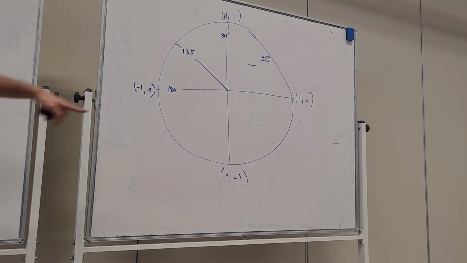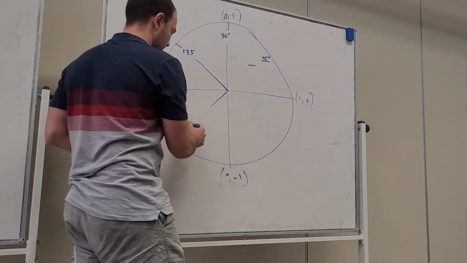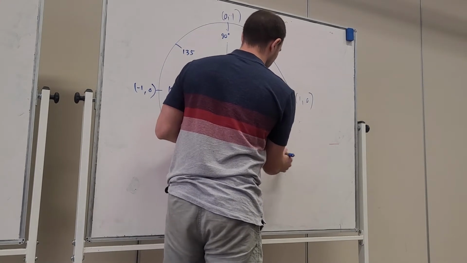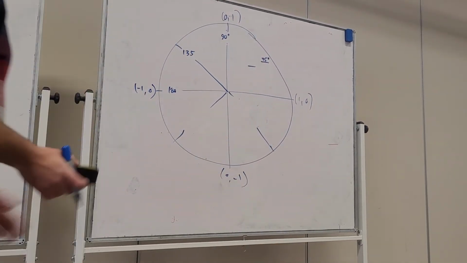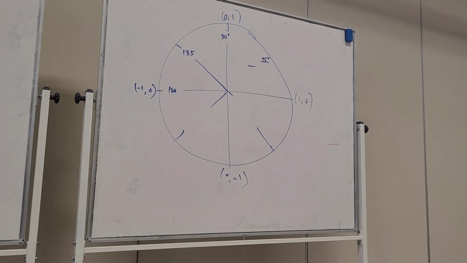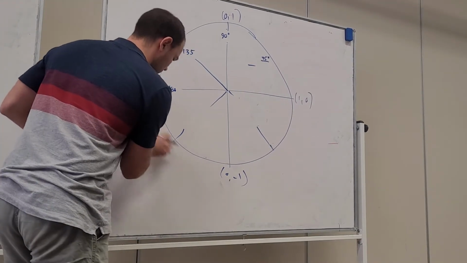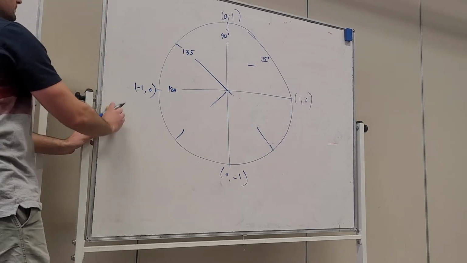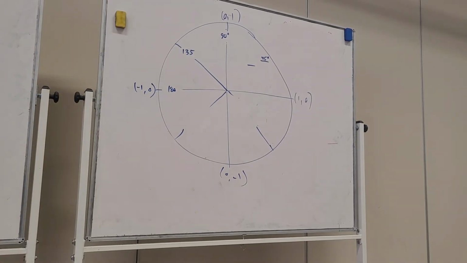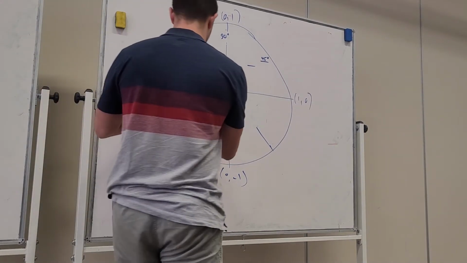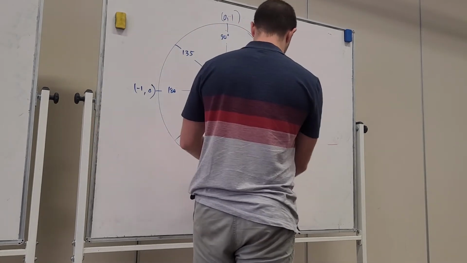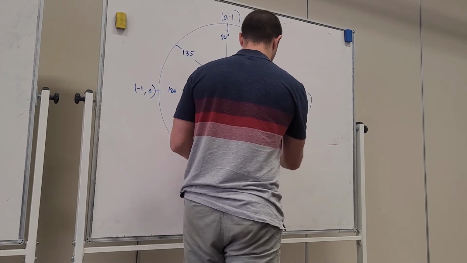So we've got 180. The next one that's halfway is 180 plus 45. So we should have 225, 270 and 315.